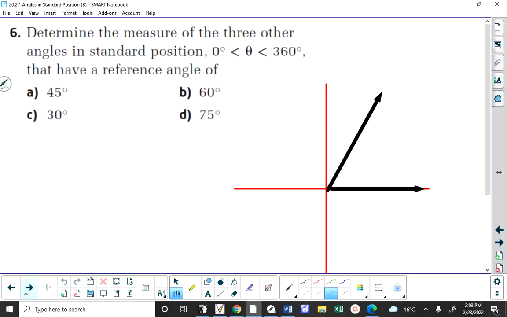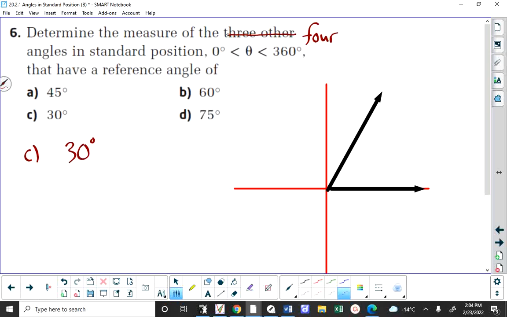Determine the measures of the 3 other angles in standard position that are between 0 degrees and 360 degrees that have a reference angle of, and we need to pick one. I don't really like the way this is worded. There's something implied here: if we pick C, for example, what's implied is that the 30 degrees is a rotation angle in quadrant 1.